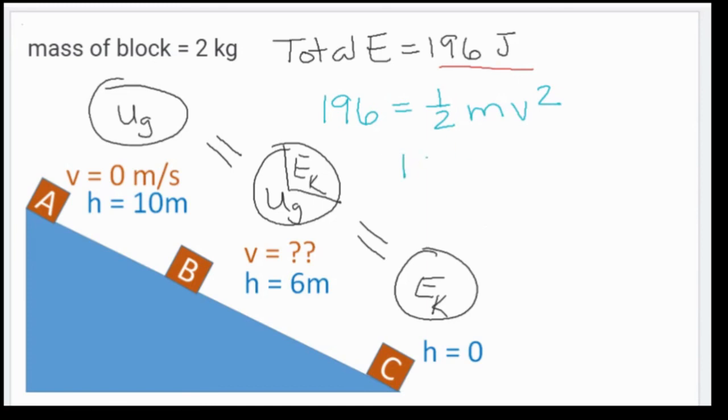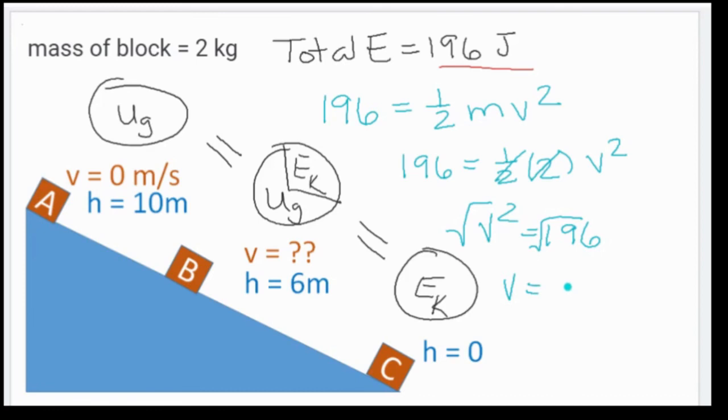That means we can set 196 equal to 1/2 of 2 kilograms times v squared. 1/2 of 2 is 1, which means that v squared is equal to 196. Taking the square root of both sides shows us that the velocity of our block at the bottom of the ramp will be 14 meters per second.